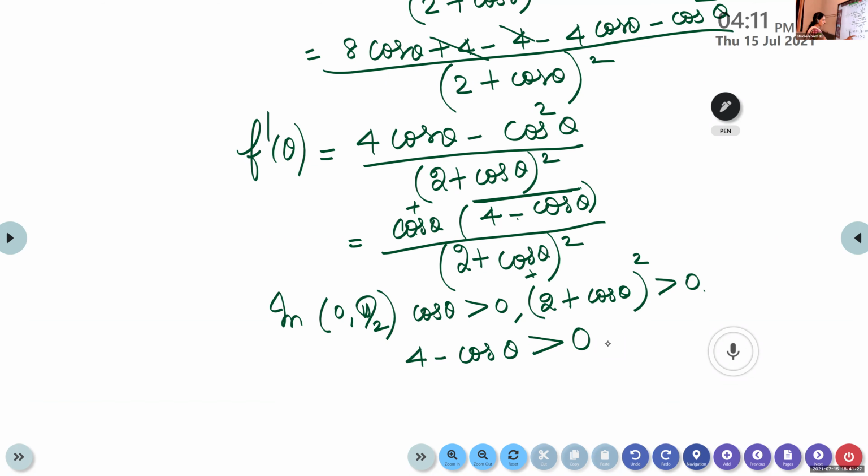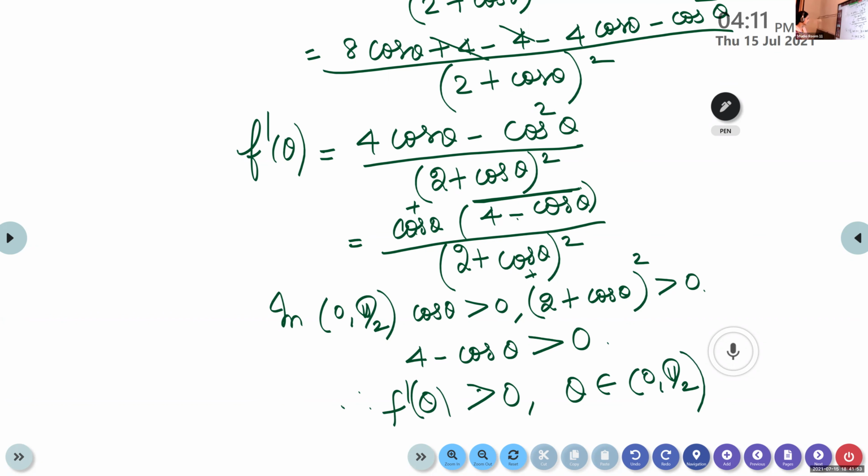Here also, the value of cos theta lies between 0 to 1. Minimum value is 0, maximum value is 1. So when we subtract, 4 minus 1, it is always positive. Even when we subtract the maximum value, we get a positive. Therefore, f dash of theta is positive when theta belongs to the interval 0 to pi by 2.